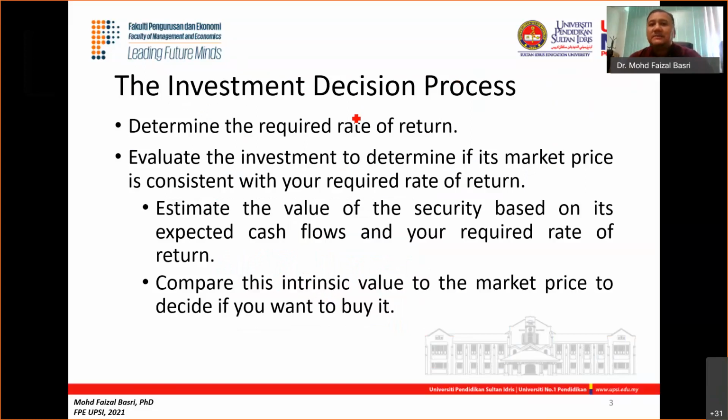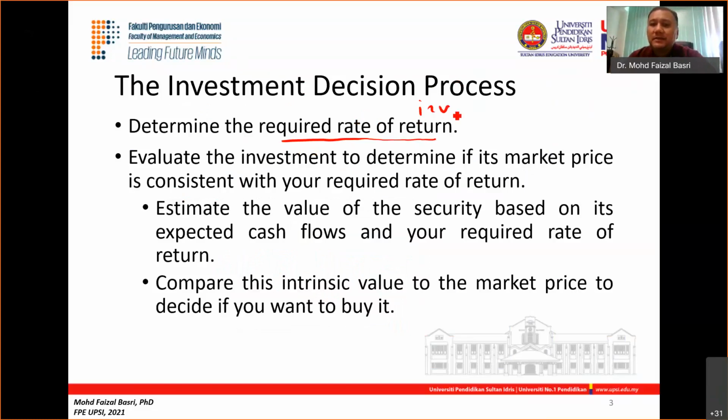If you remember the investment decision process, one of the indicators that we need to know when we want to make decisions, obviously, is to determine the required rate of return. This is from the investor's point of view.